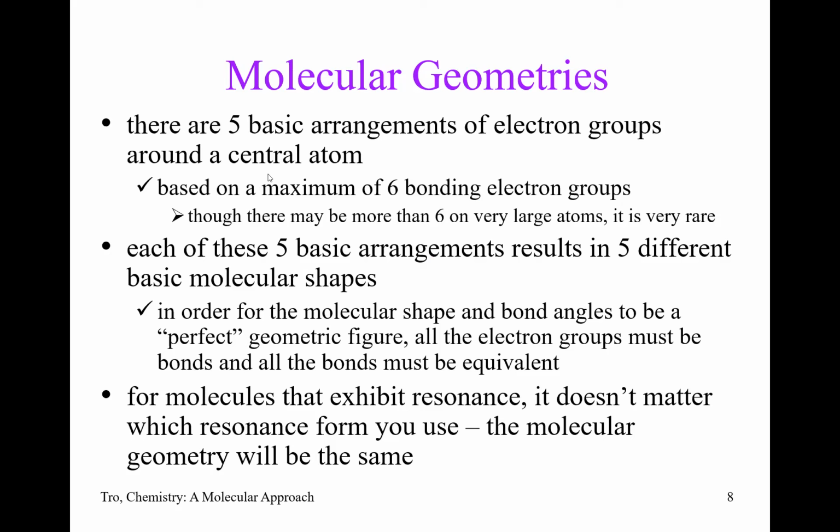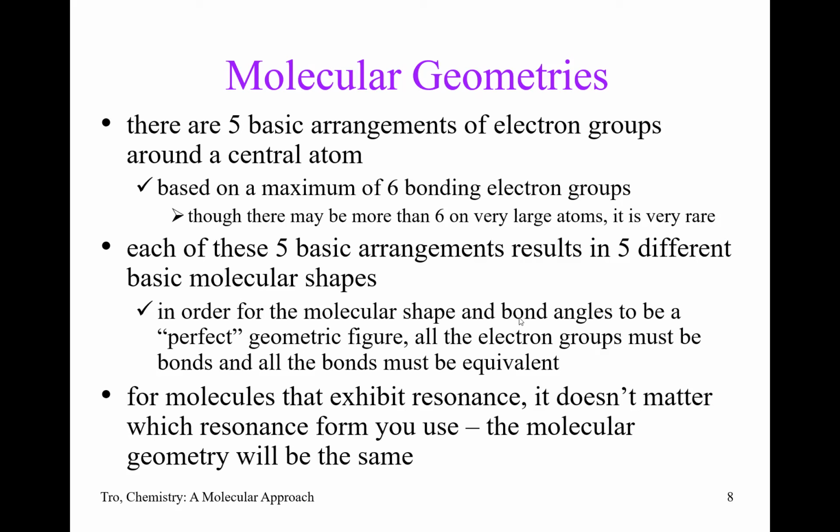There are a couple of basic arrangements, and our maximum here is just 6. We'll see that, and 5 and 6 atoms around a central atom isn't that common, and it's not that important for organic chemistry. Most of it's based on carbon.